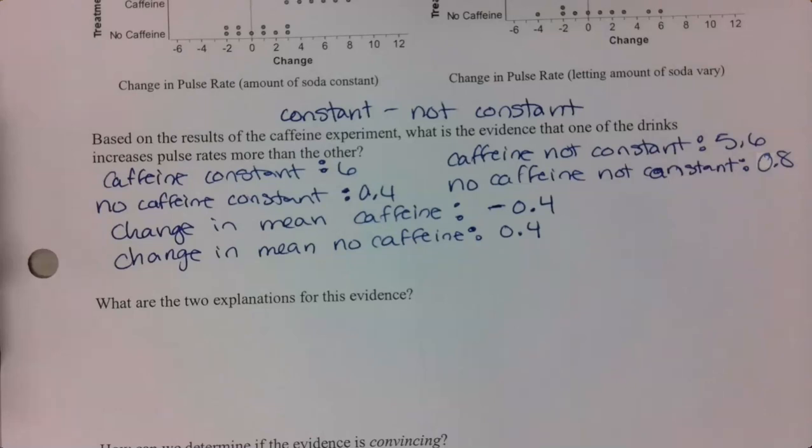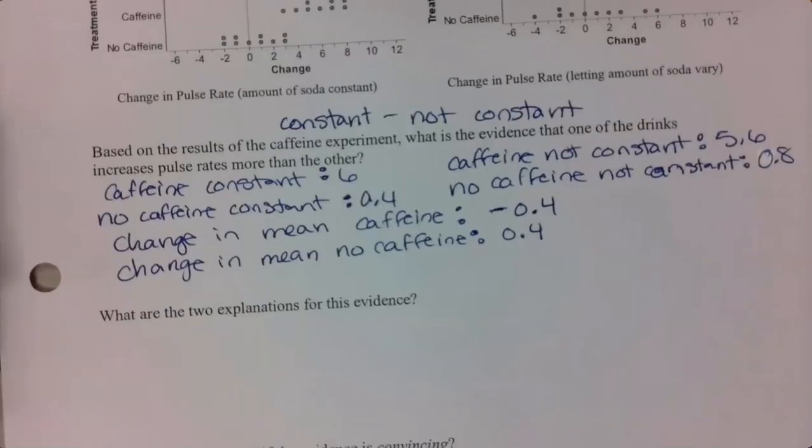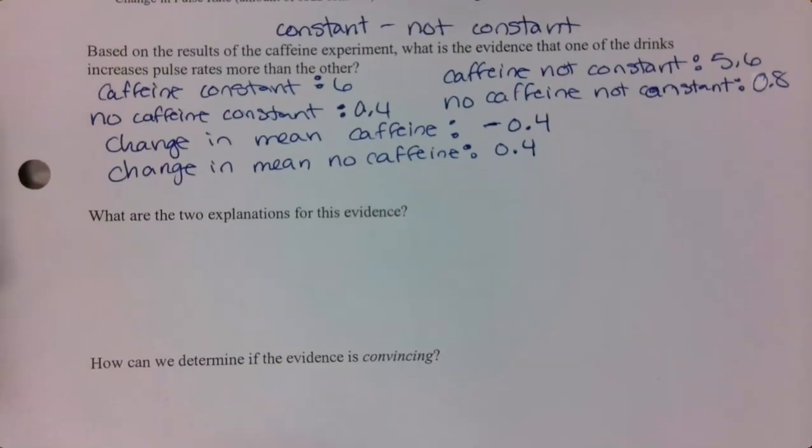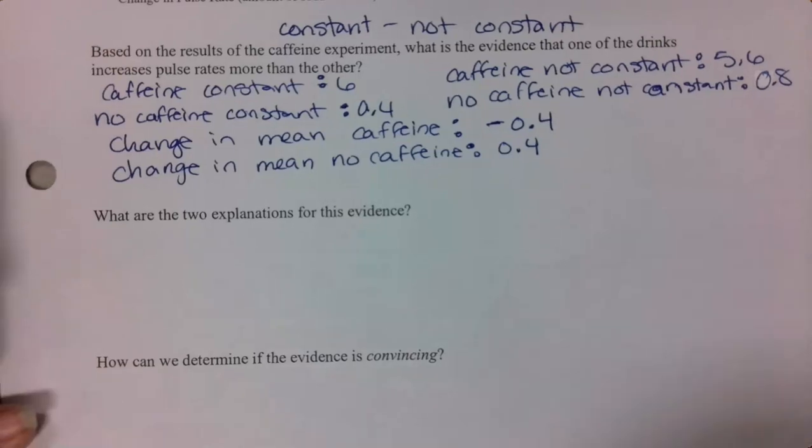So based on what we have, what can we say based on this evidence? Do you think 0.4 in a pulse rate is a high number either direction? Okay. So I could say that there is no effectiveness in the two drinks. We just got differences due to random assignment.